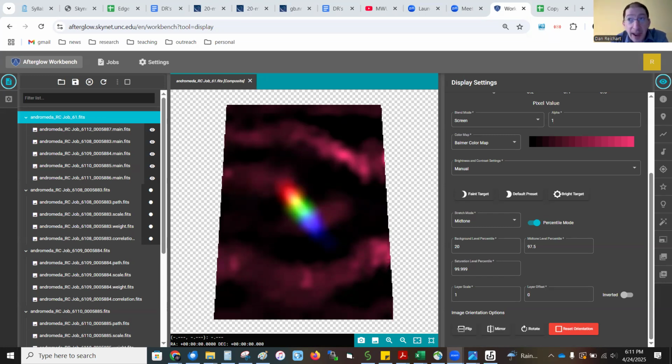There's a bunch of it in our galaxy. There's a bunch of it in the Andromeda galaxy. Emits at a particular frequency, and that frequency can get redshifted or blue shifted depending upon the motions. So we selected different frequency ranges to correspond to different colors, and this is what we got.